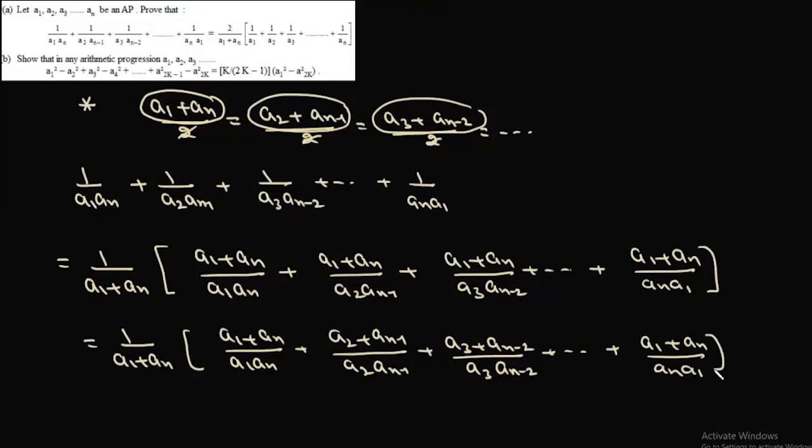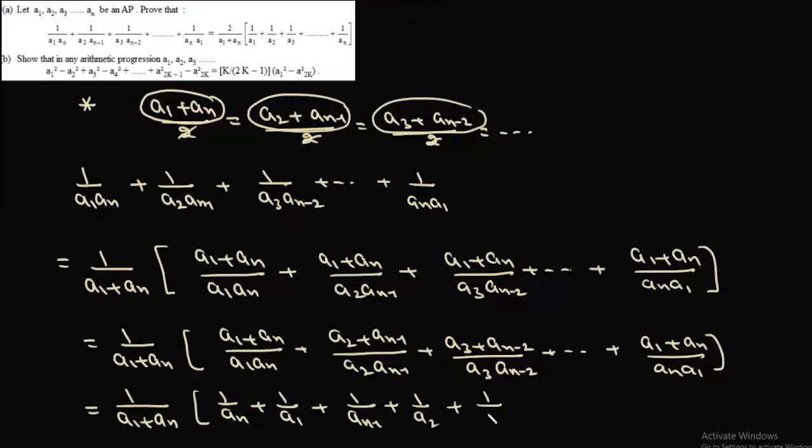Now what we'll do is we'll split these terms. So we can write 1 upon (a1 plus an), and here it will be 1 upon an plus 1 upon a1, and here will be 1 upon a(n-1) plus 1 upon a2, 1 upon a(n-2) plus 1 upon a3.